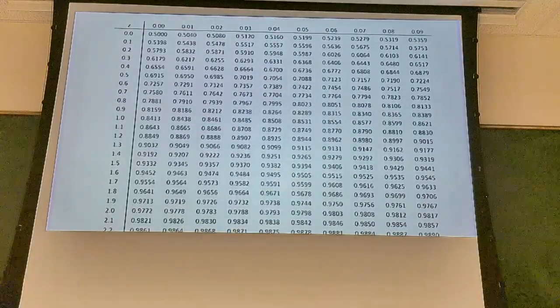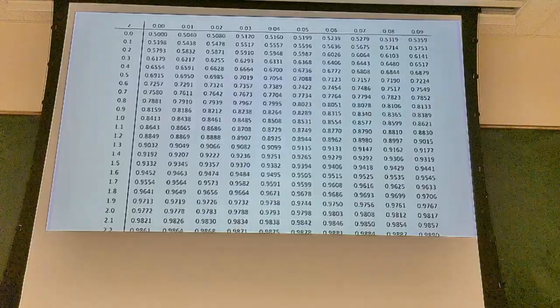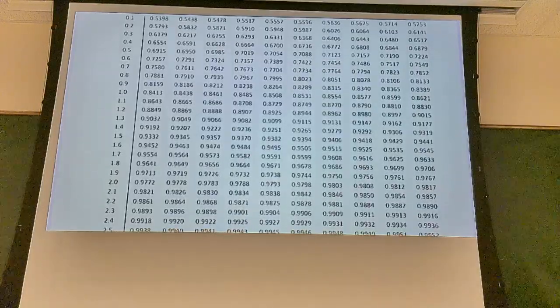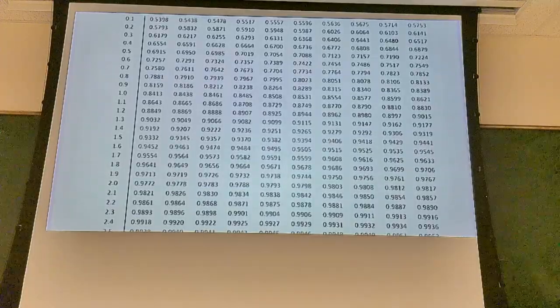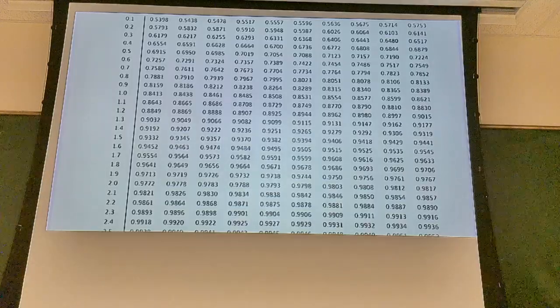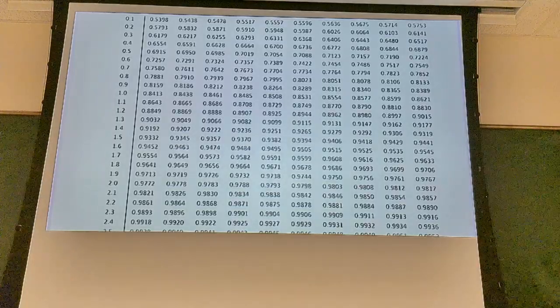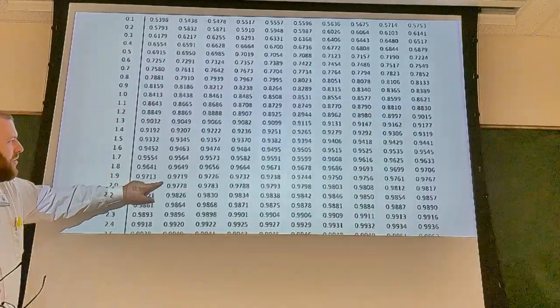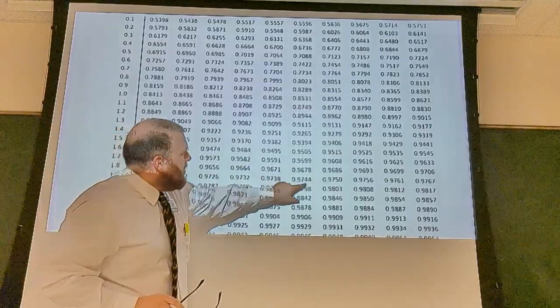Now, instead of looking at the column for the z-score, we're looking in the actual table itself and looking for 0.9750. So 1.9, I see 0.9713, so that's a good start to look, right? Let's just look over, there it is.